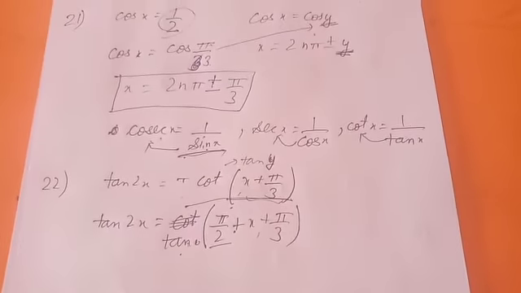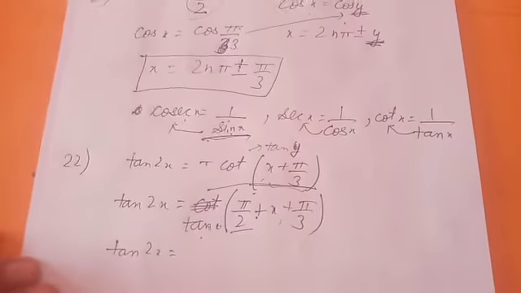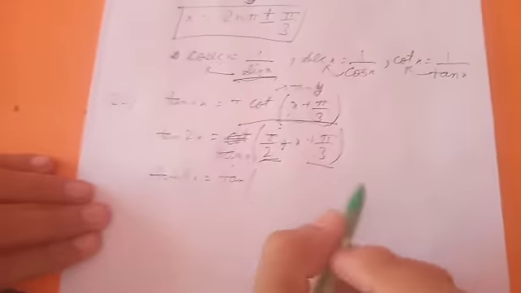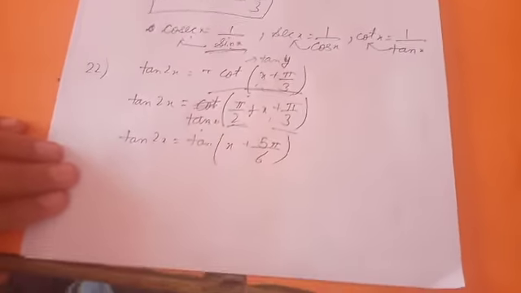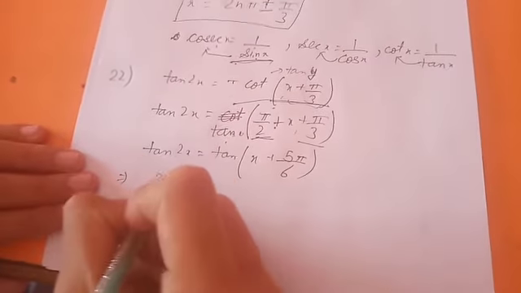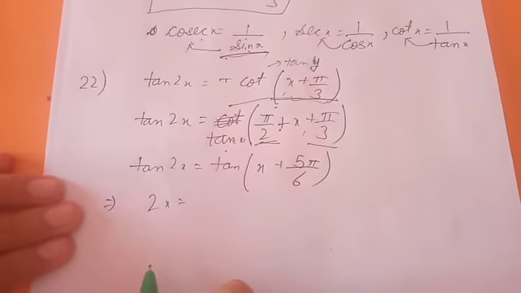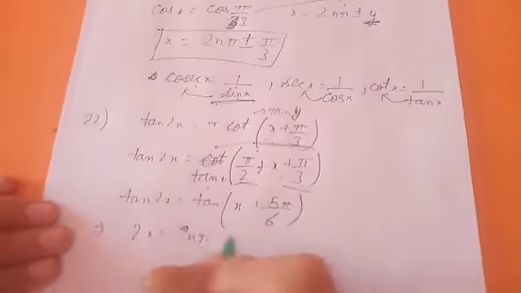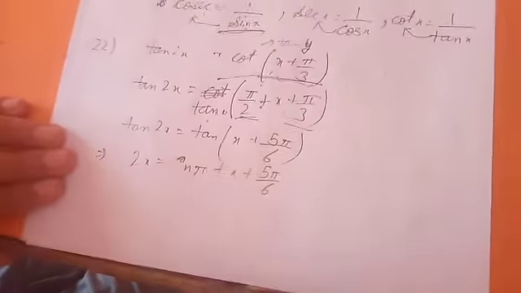Now what I get is tan 2x is equal to tan of, I can add pi/2 and pi/3, I get x + 5pi/6. So from here I get 2x is equal to n pi plus x + 5pi/6.